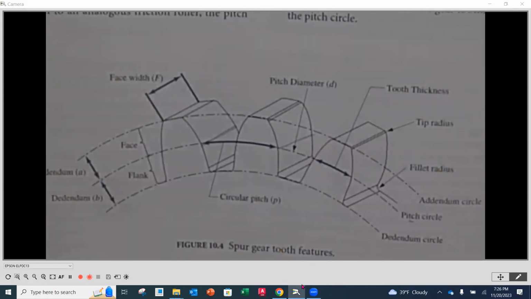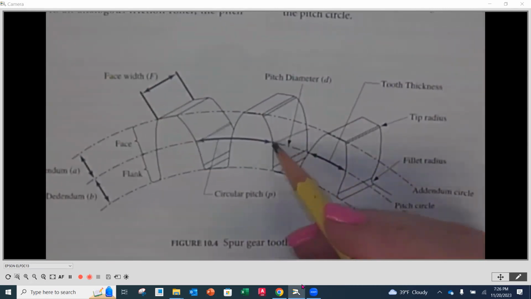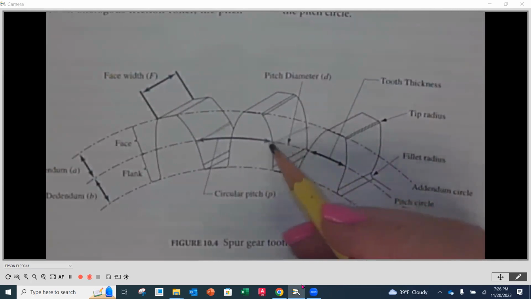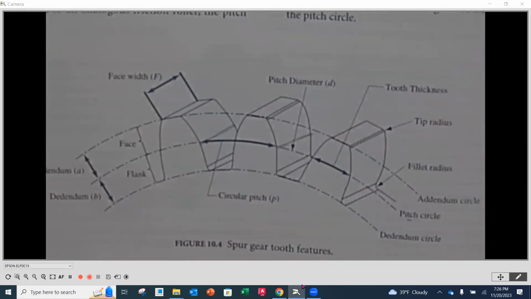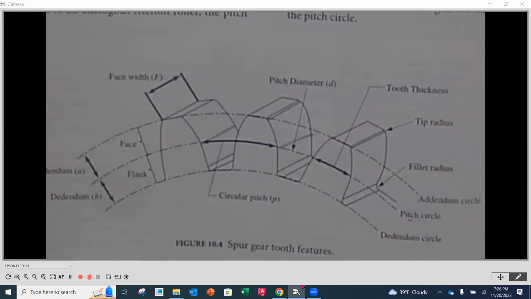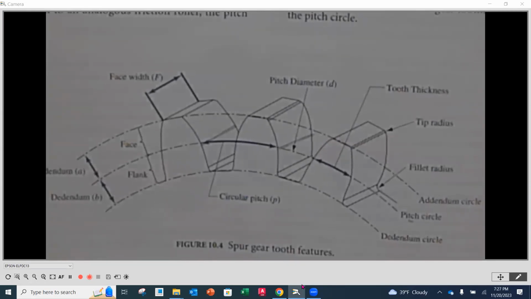In kinematics we're not going to be calculating these forces, but you can imagine that we don't have point contact, we have line contact. So the wider that face width is, the better, the less stress we're going to have on a gear tooth. So face width becomes an important variable as we start looking at stresses on teeth.